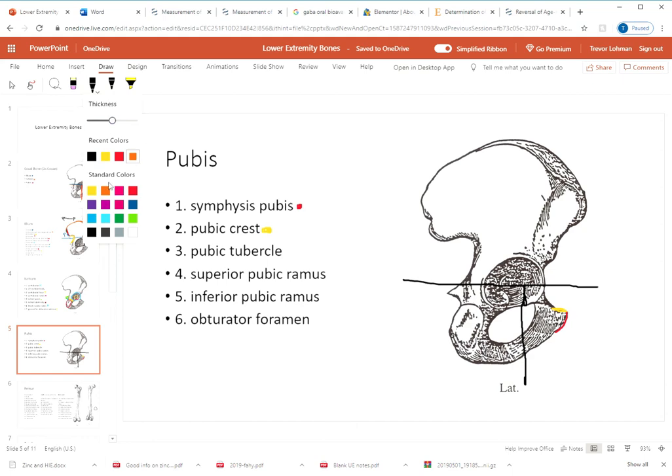The superior pubic ramus is pretty small. It's right here. And then the inferior pubic ramus is here.